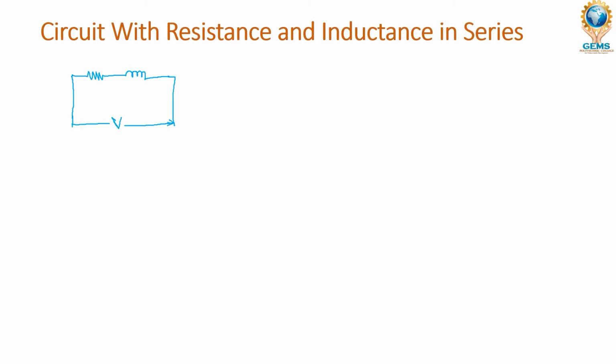we already discussed that in series, current is the same, but the voltage is going to divide. How will it divide? Up to here the voltage is VR, from here it is VL.